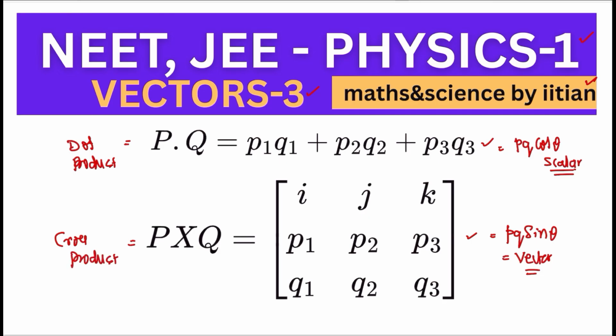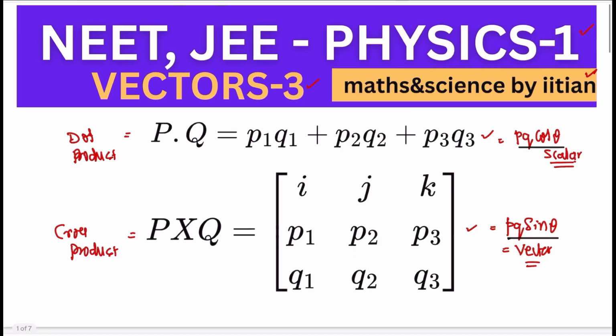Now, we have derived the scalar product as PQ cos theta and the vector product as PQ sin theta. Now we will calculate in terms of components.